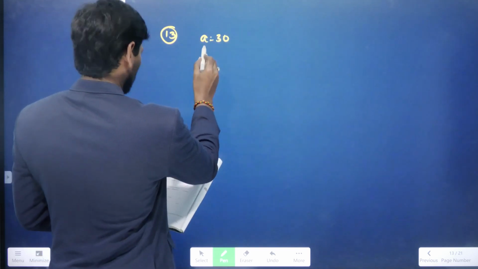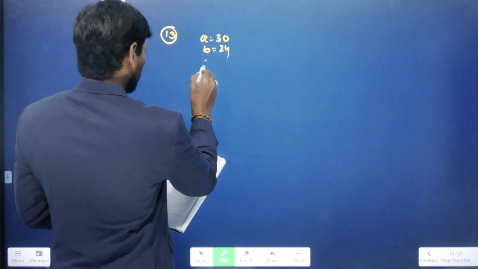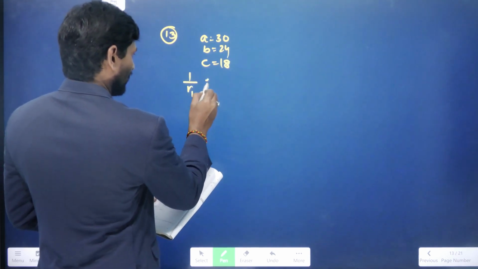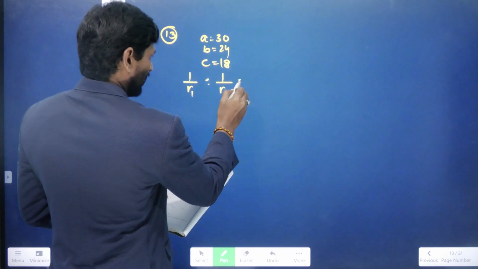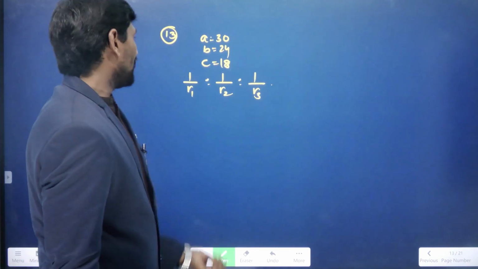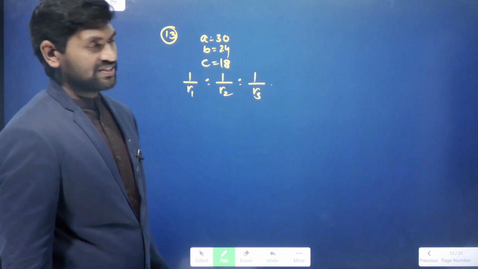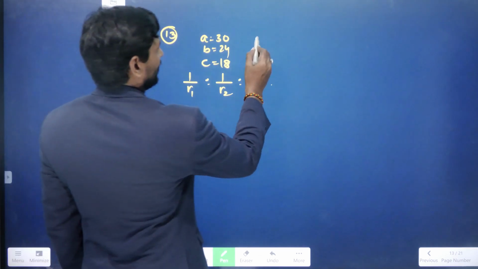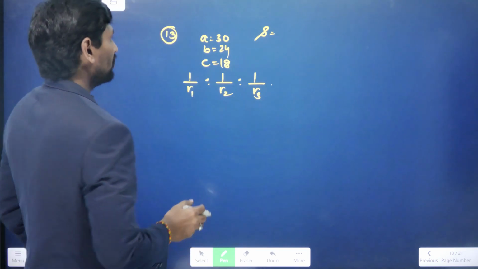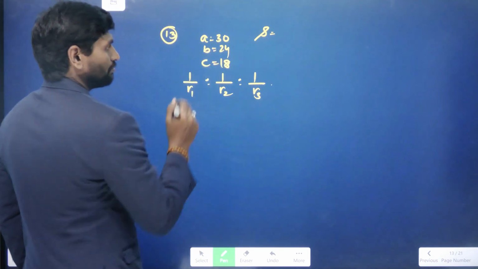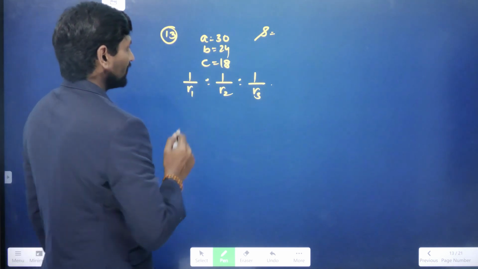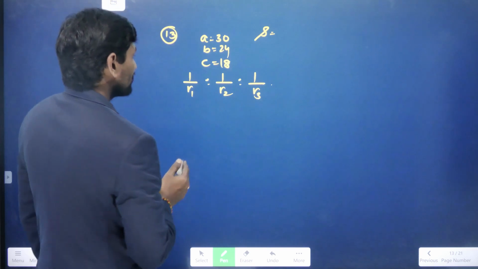Then find the ratio of 1 by r1 is to 1 by r2 is to 1 by r3. Okay, now r1 value delta by s minus a. First let us find the s value. s is equal to semi-perimeter, a plus b plus c by 2. So add all of them. a value 30, b value 24. 30 plus 24, 54. 54 plus 10, 64. 64 plus 8 is 72.